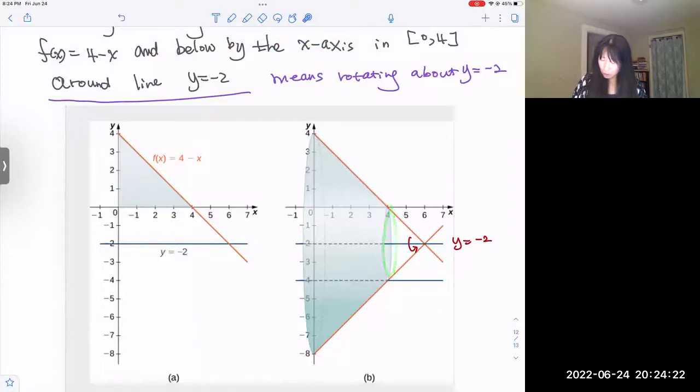I said that since they said rotating about this line, y equal to -2, I cannot do this one. This line reflects here. You guys notice that?